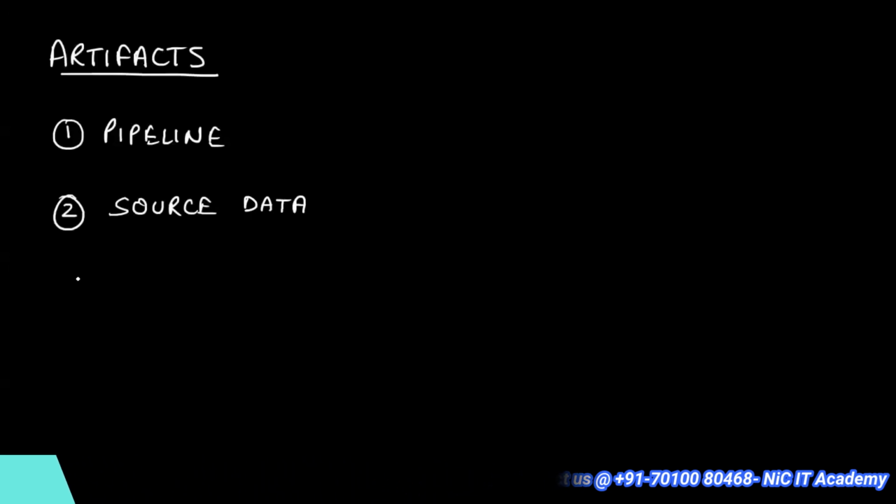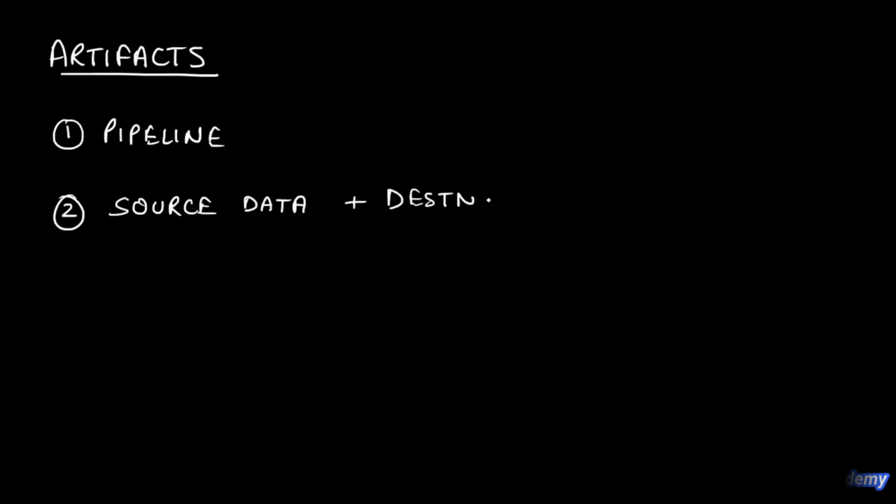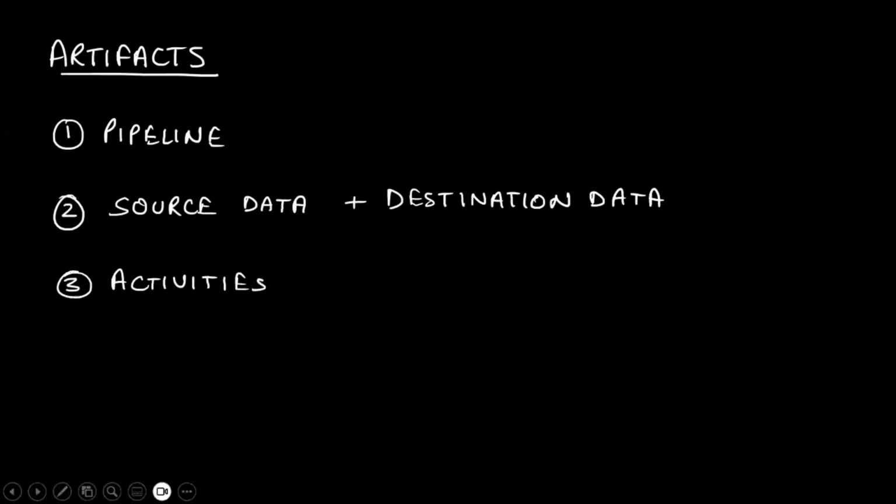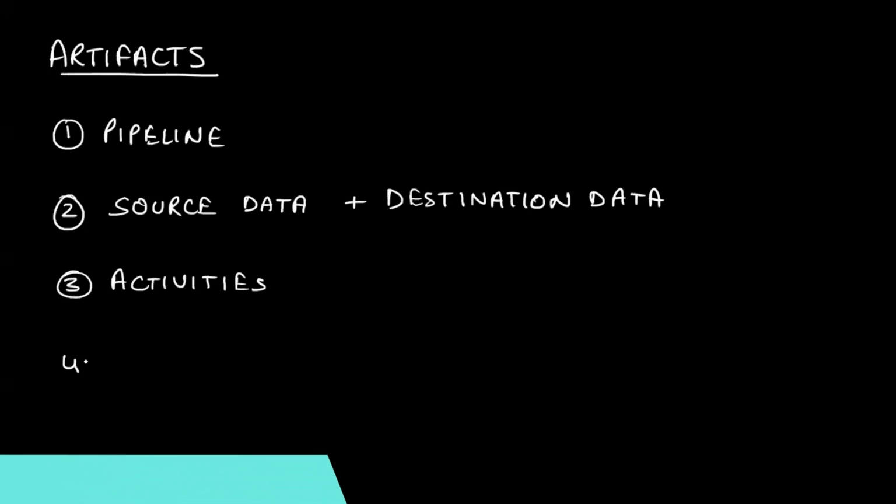Similarly for destination data also, you will have two artifacts here. Something like this. Then you have activities. All right. So you have the pipeline, you have the activities, and then you have something called an integration runtime.